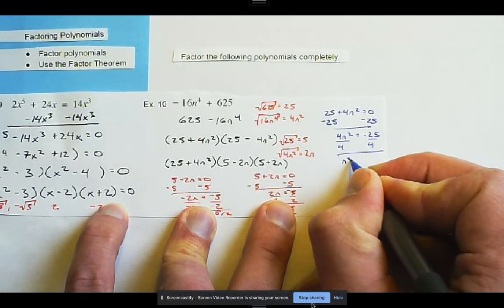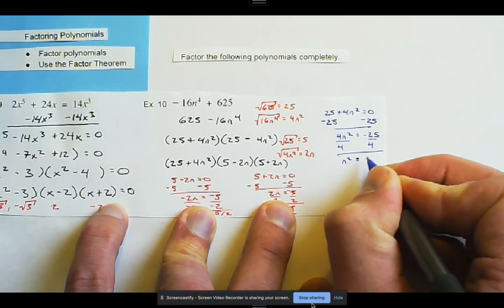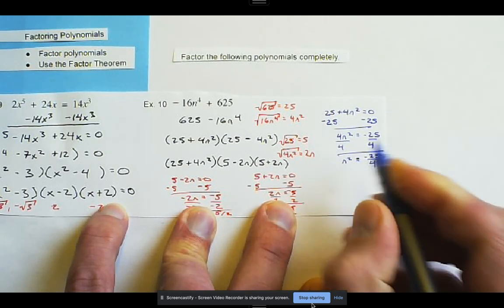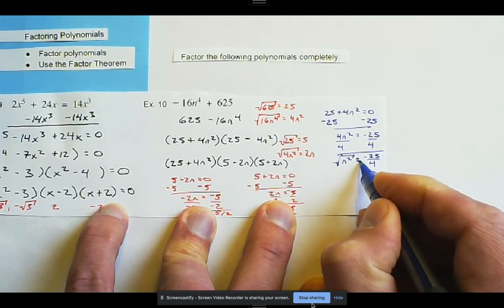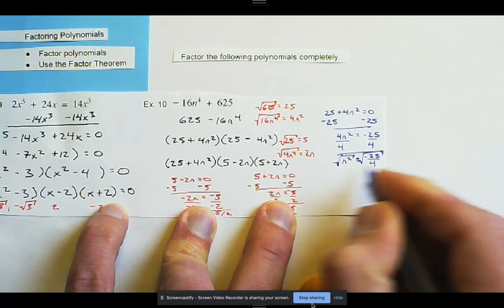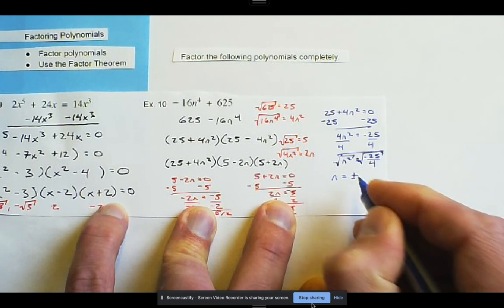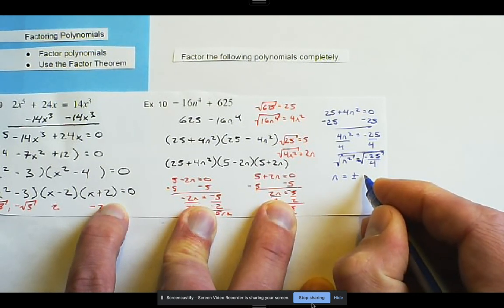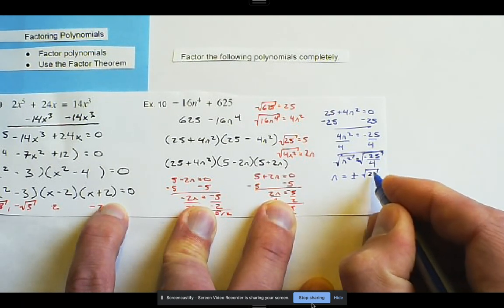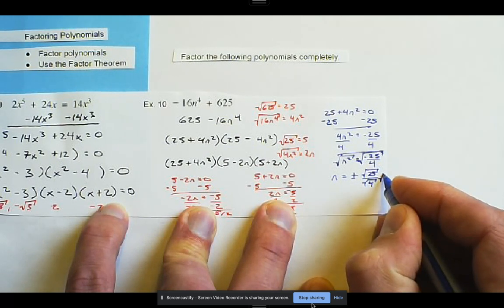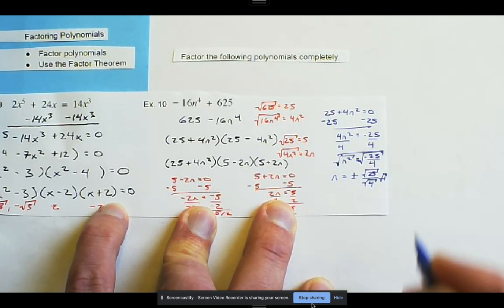And then we get n squared is equal to negative 25 over 4. So we take the square root of both sides. Anytime we take the square root, we have to have the plus or minus. And then we get the square root of 25 over the square root of 4 times the square root of negative 1.